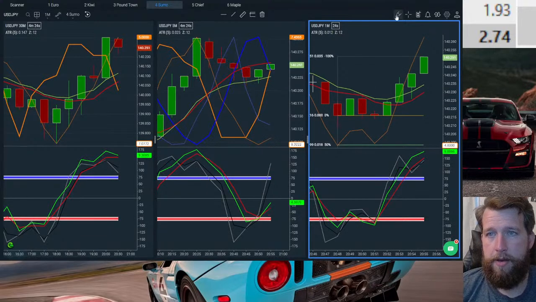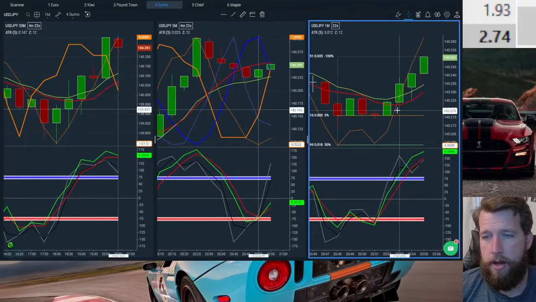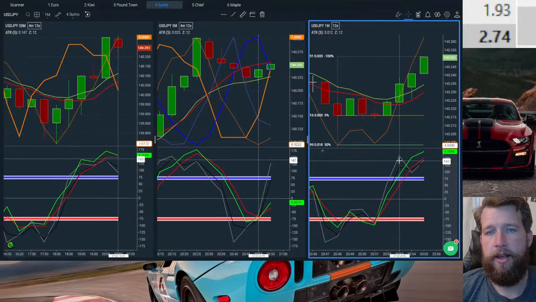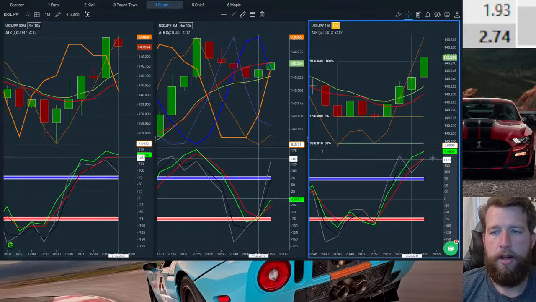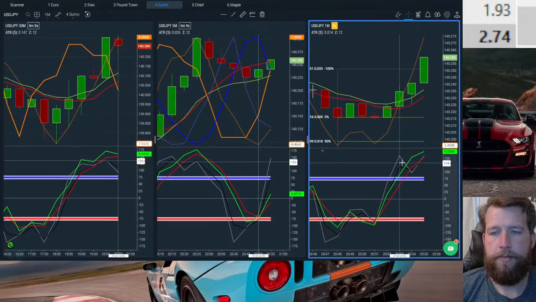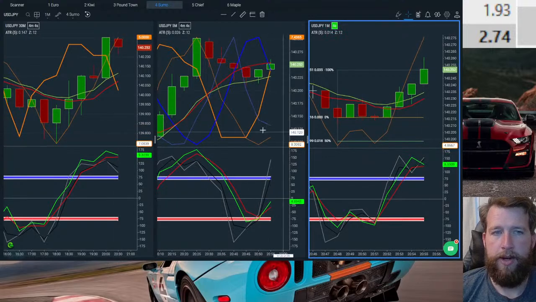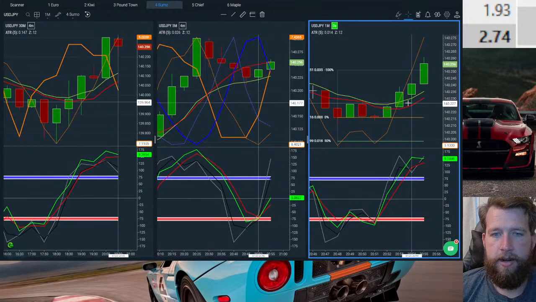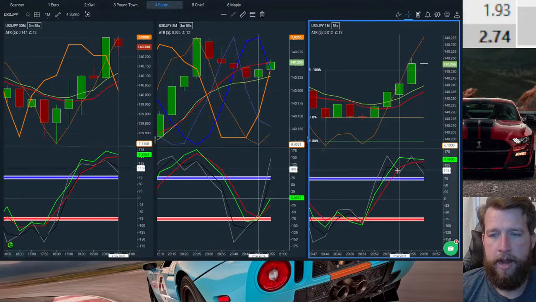Let's see. Right, you could have possibly looked at this and seen, okay, we're getting commitment toward the upside. Wouldn't have gone in though because the orange was still pointing down. And then right here, same thing. We had a really good looking Hydra.